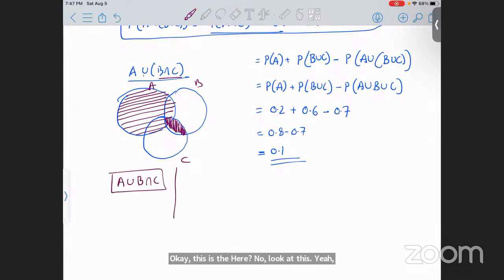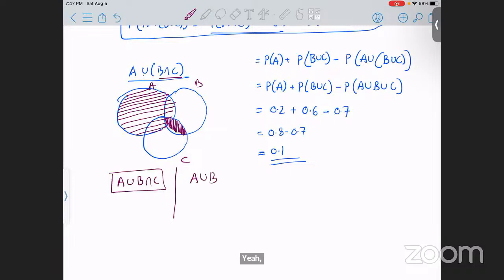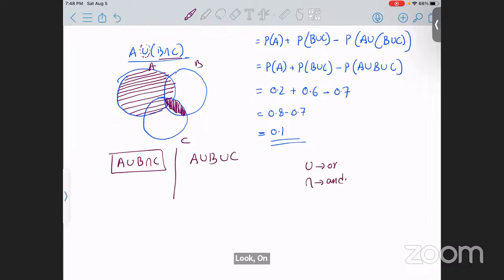Or you got doubt, A union B union C. How will you know this? Two possibilities like this can be. Look, union means or, and intersection means and. Okay, sir. What happens when or and meets?